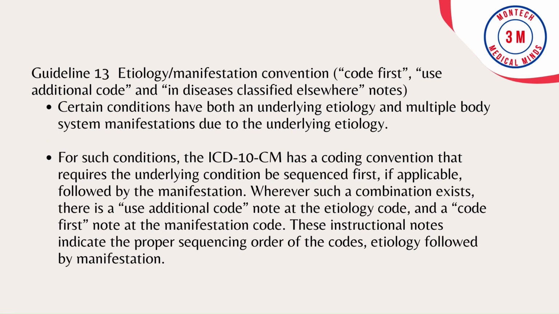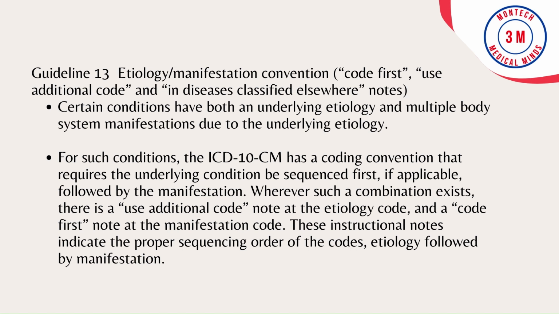Guideline 13: Etiology/manifestation convention. Code first, use additional code and, in diseases classified elsewhere, notes. Certain conditions have both an underlying etiology and multiple body system manifestations due to the underlying etiology.